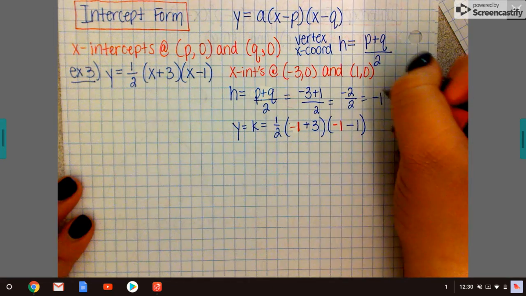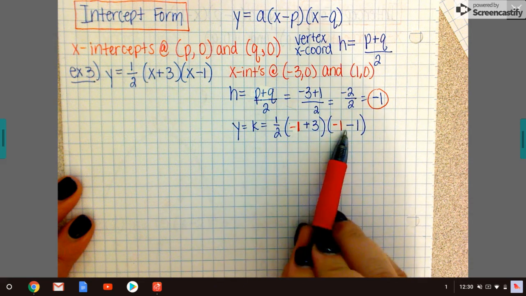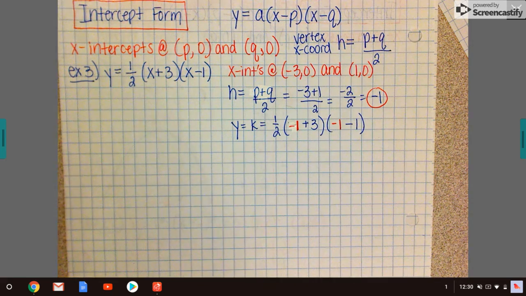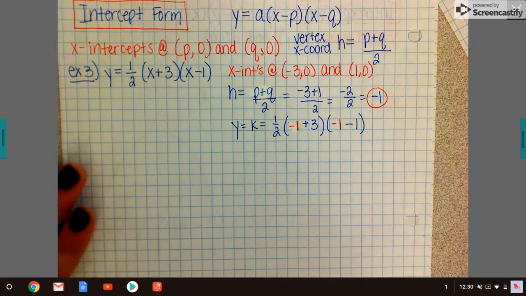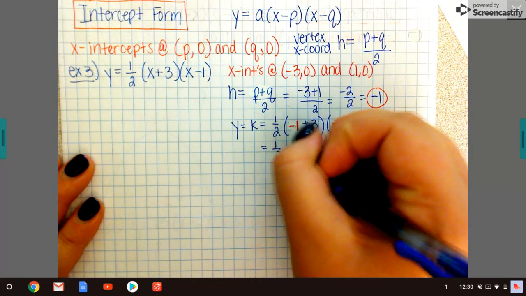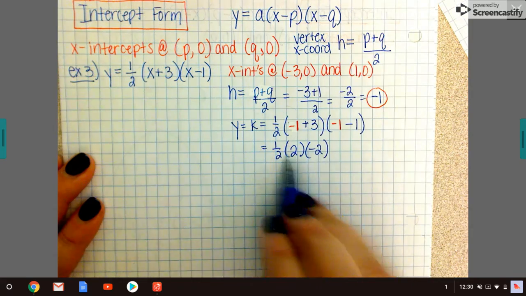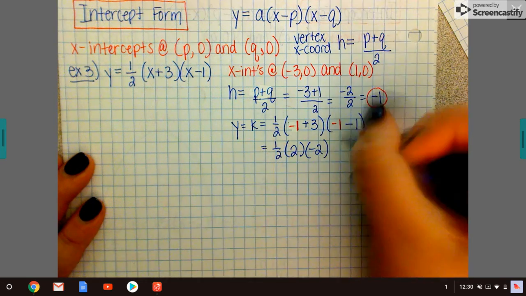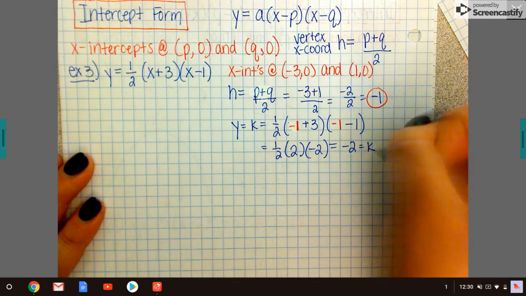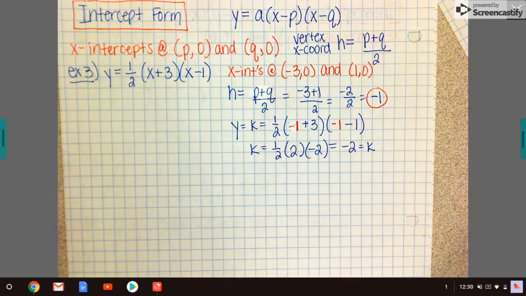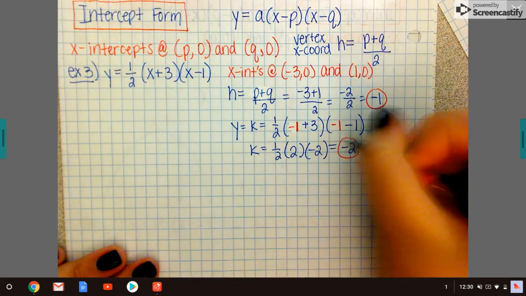So we're plugging in this negative 1 to these spots from the x's. We can do some simplifying. So I have 1/2 of 2 times negative 2. 2 times negative 2 is negative 4. Half of that is negative 2. So there's my vertex, (h, k).